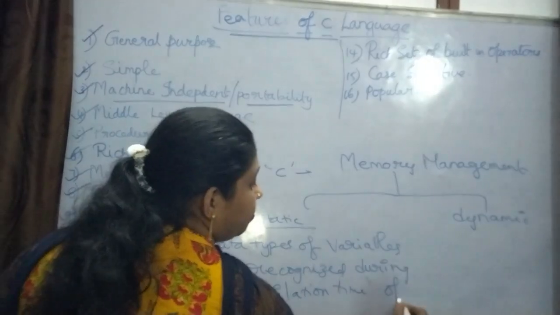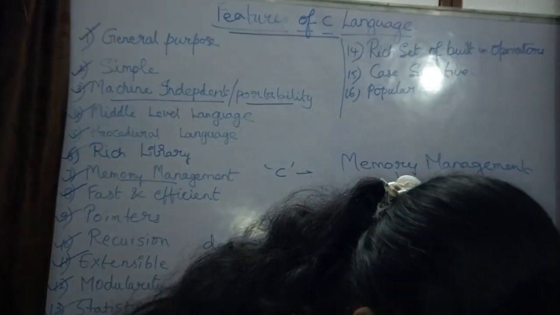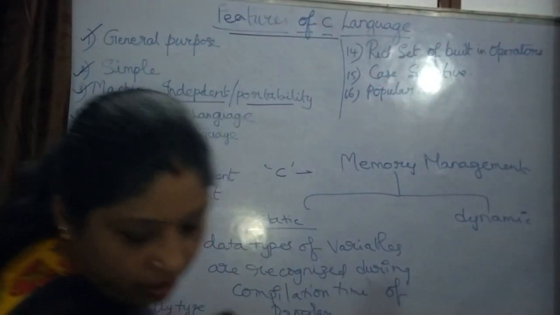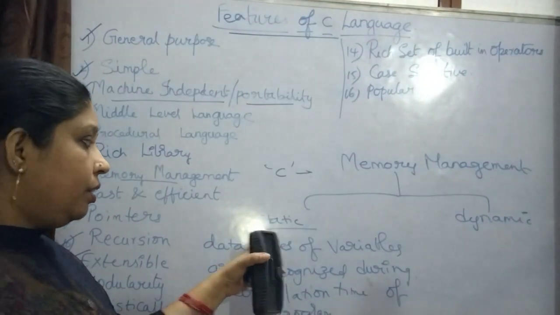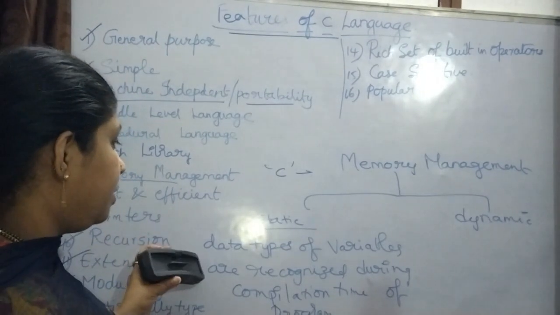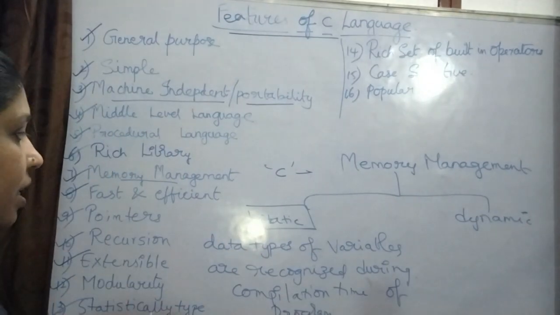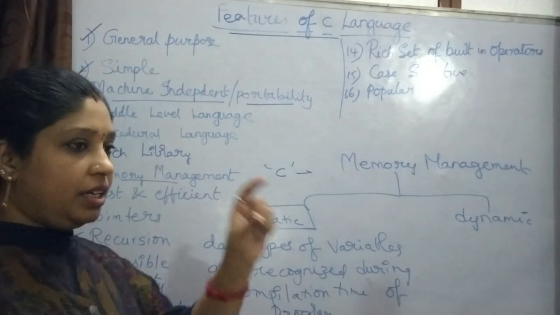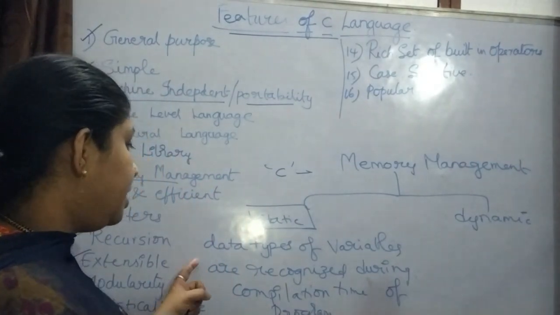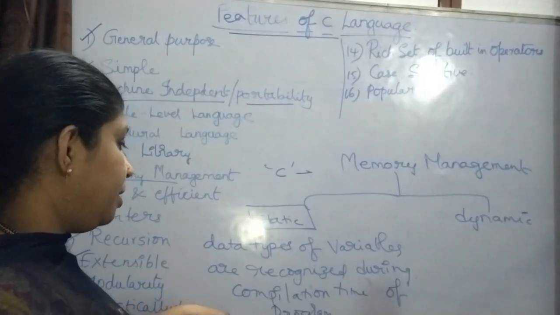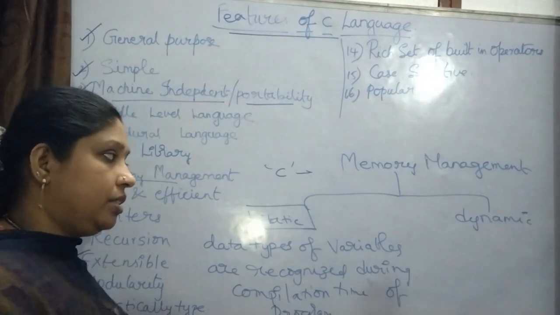In memory management, static is the keyword. If you give static near the data types, the data types of those particular variables are recognized during compilation itself. Compilation only, it will recognize.